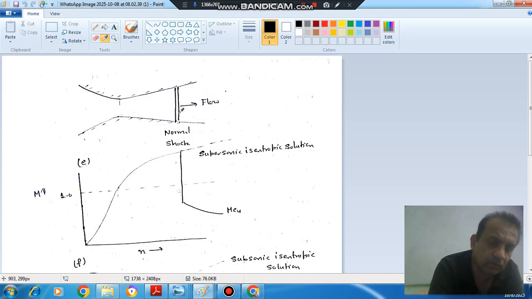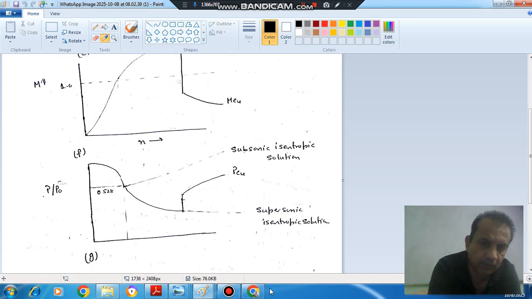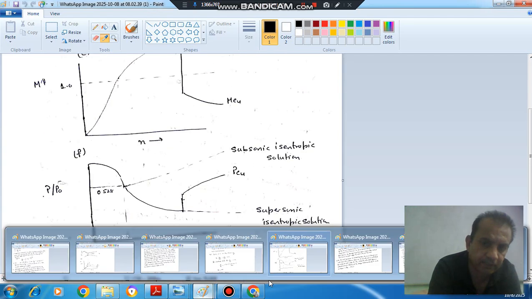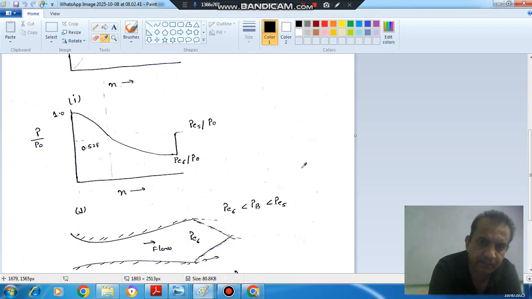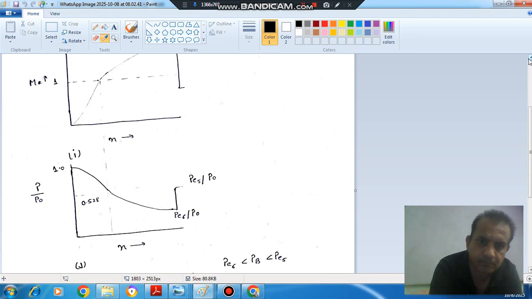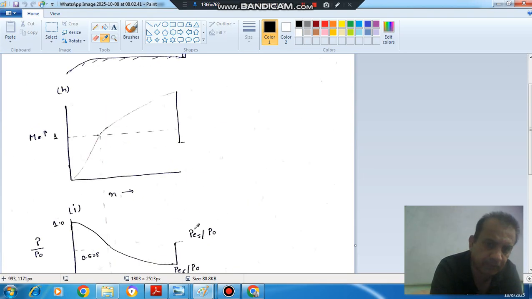Now this shock wave can be here, here, here, or here, depending upon the exit pressure. So this shock wave will occur at the exit if we maintain a pressure PE5 at the exit, or when we maintain pressure P5 as back pressure.